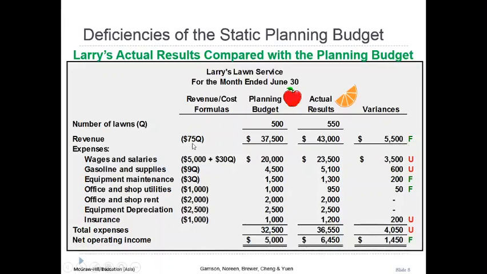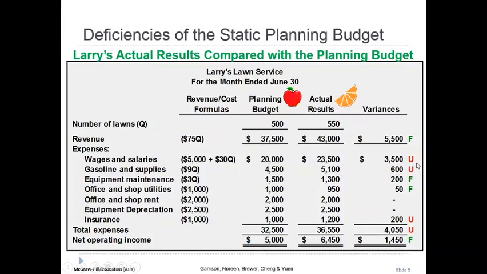Okay, so for revenue, we get favorable variance when the actual result exceeds planning budget, and we get unfavorable variance when actual result does not exceed planning budget. However, it contradicts with the expenses.